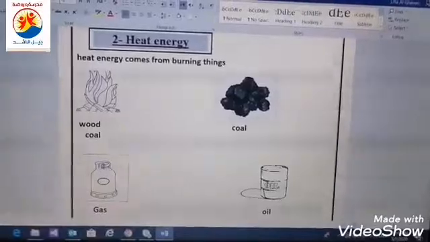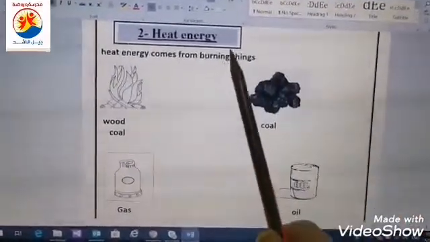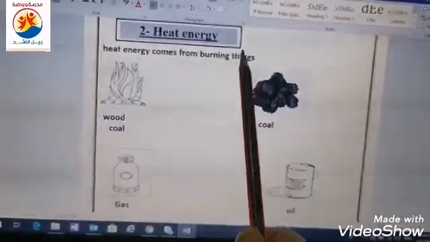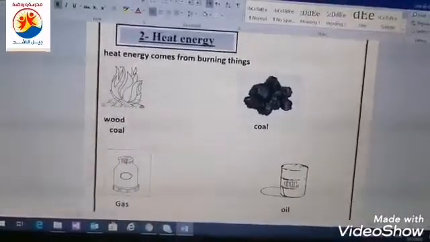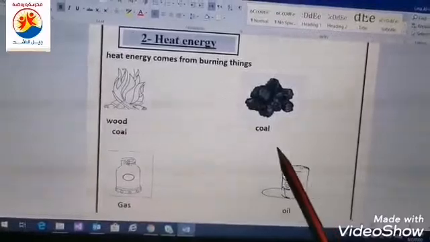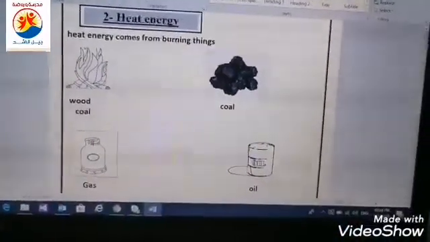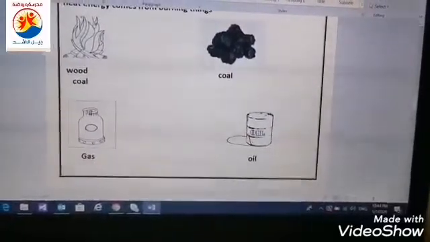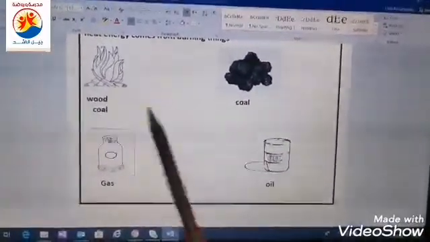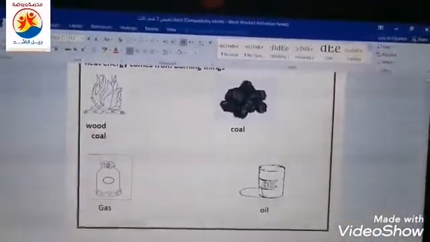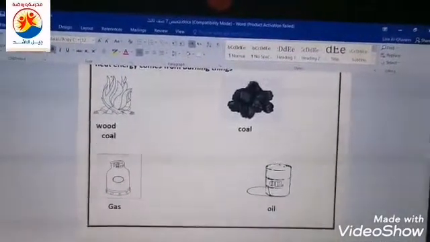You have to understand this very well. You have to memorize this. Heat energy is the energy that comes from burning things. Like what? Like wood, coal, charcoal, gas, oil. These are heat energy.